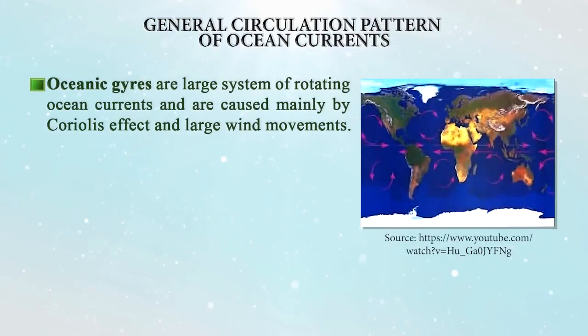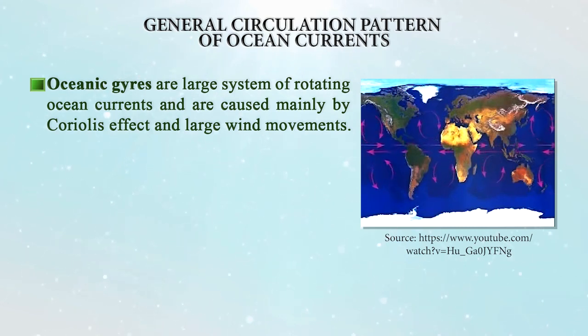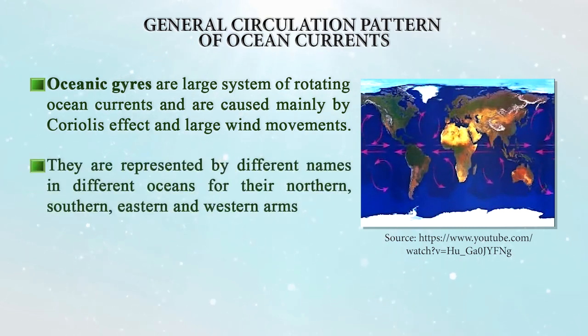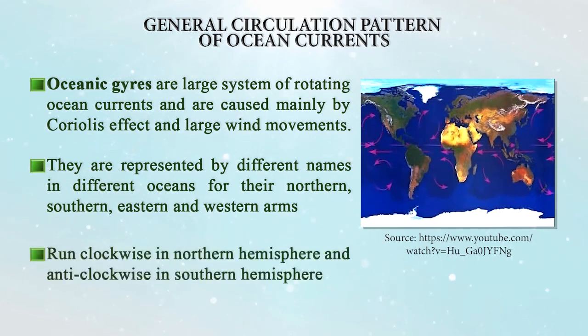So large oceanic gyres are formed, which are large rotating systems of ocean currents caused mainly by the Coriolis effect and large wind movements. They are represented by different names in different oceans for their northern, southern, eastern and western arms, and they run clockwise in the northern hemisphere and anti-clockwise in the southern hemisphere.